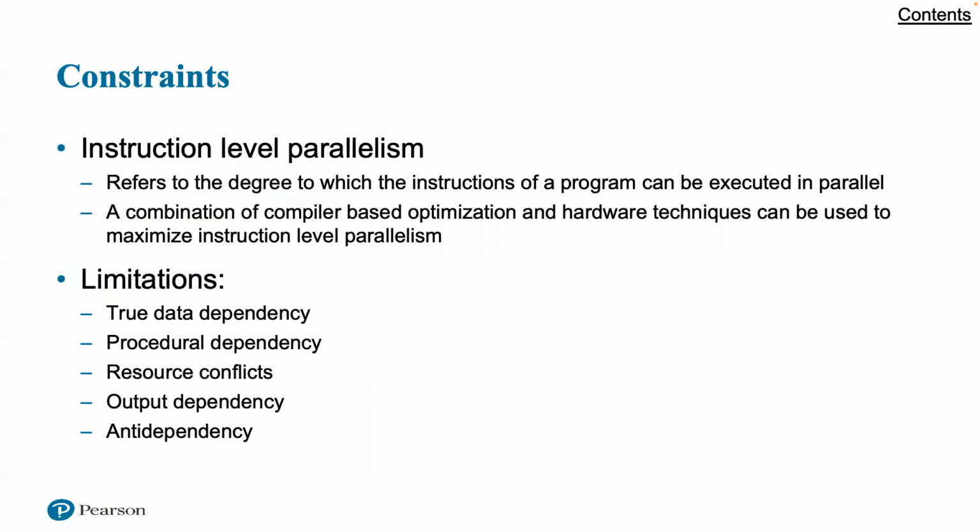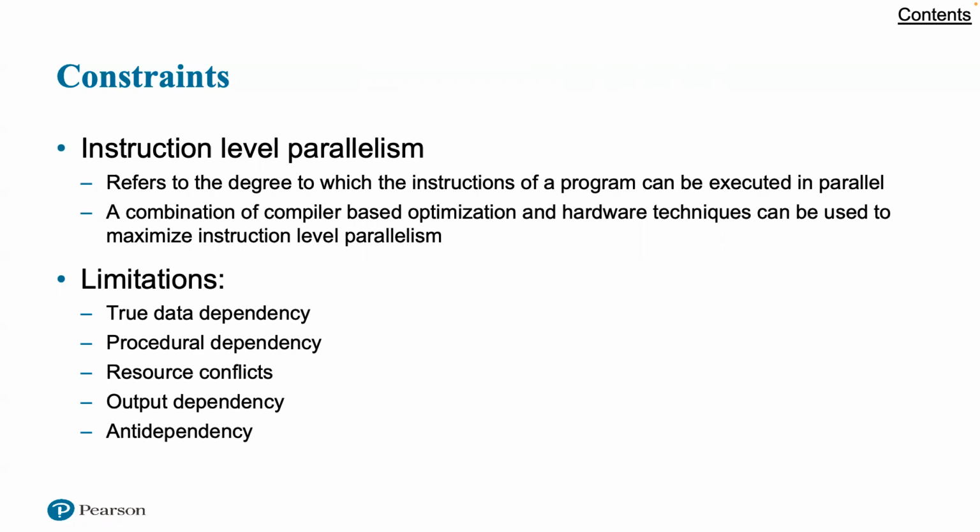The superscalar approach depends on the ability to execute multiple instructions in parallel. The term instruction level parallelism refers to the degree to which, on average, the instructions of a program can be executed in parallel. A combination of compiler-based optimization and hardware techniques can be used to maximize instruction level parallelism.